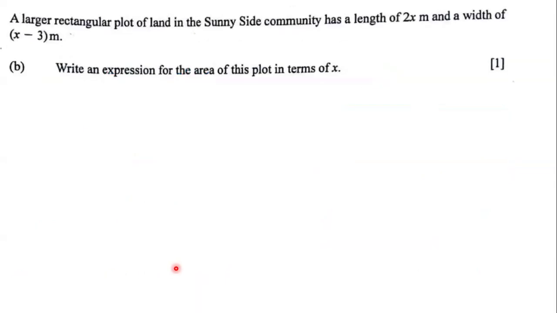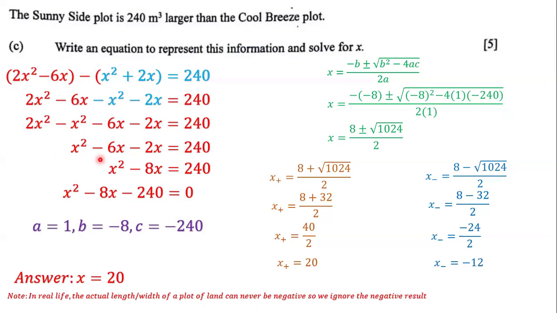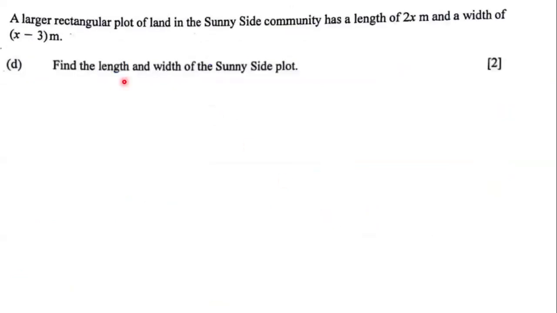Okay, so we just finished part C. Now we're going to move on to part D. What does part D say? Now in part D, what they actually want us to do is find the length and width of the sunny side plot.